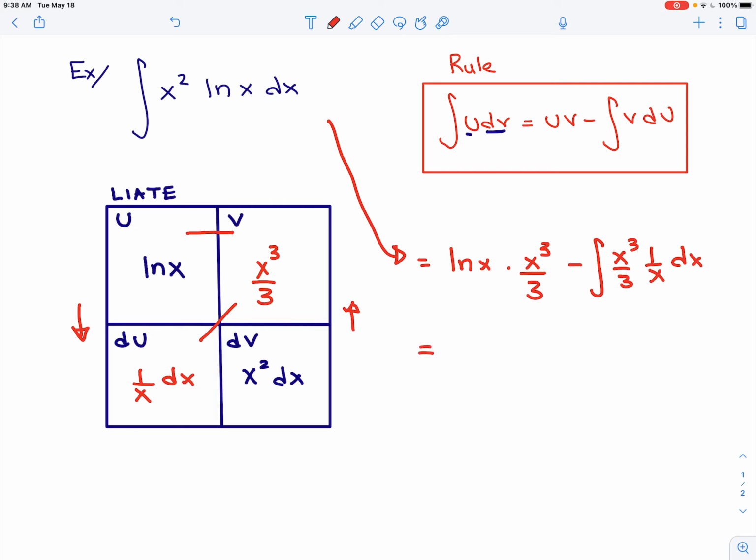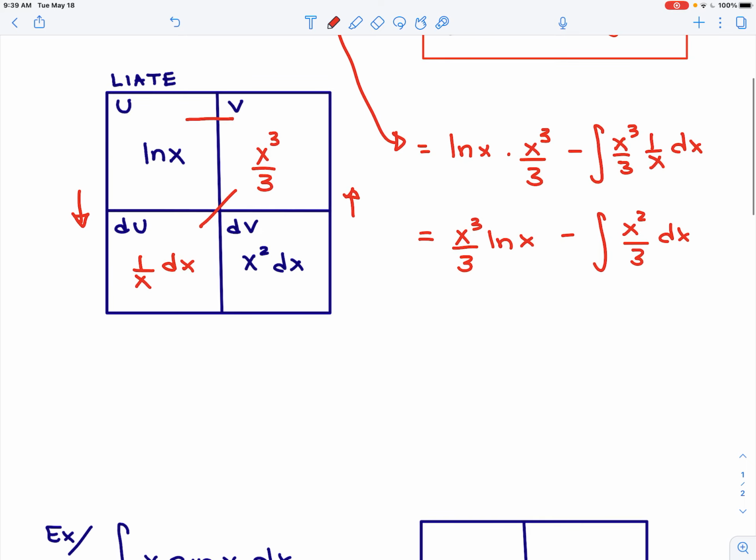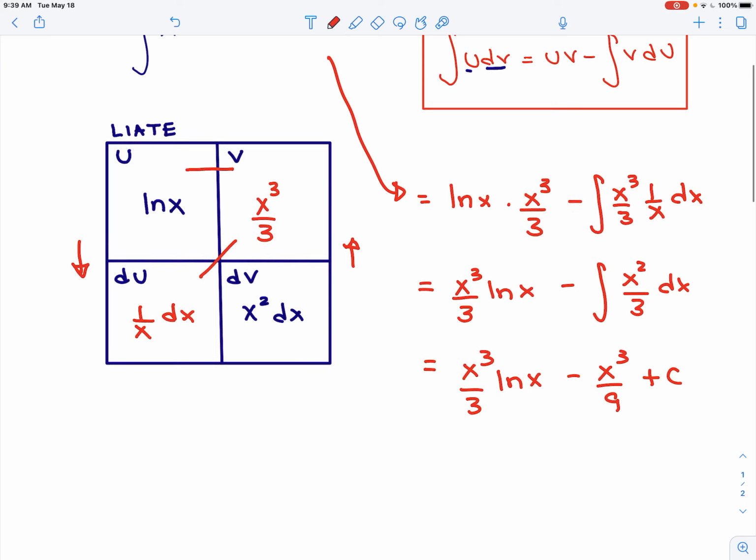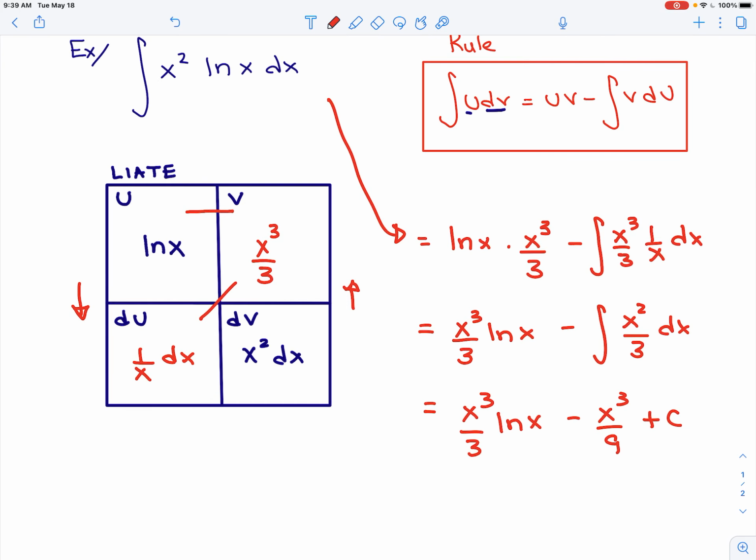So nicely organizes the information, and then again we'll just rearrange, and then this is the integral of x squared over 3, and then we solve that integral, and then plus c. Just make sure your final answer, if it's an indefinite integral, has the plus c in it. Okay, and that's your answer.